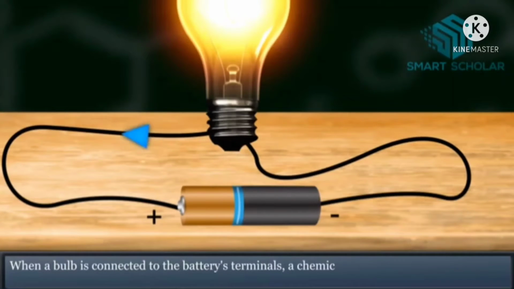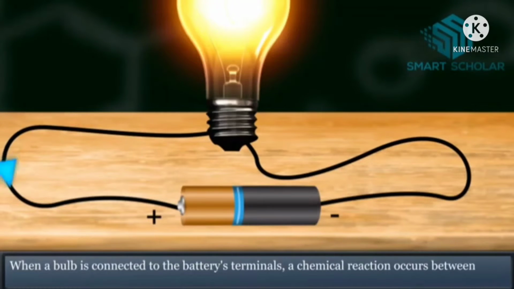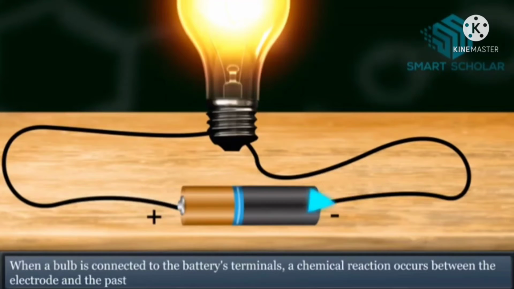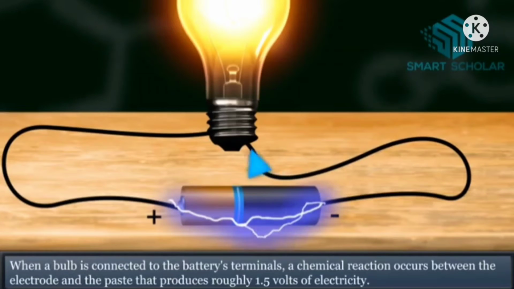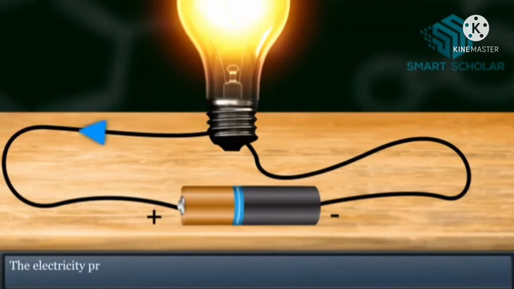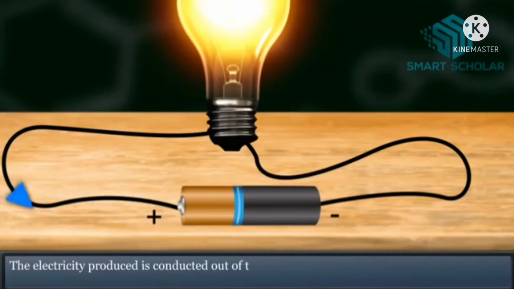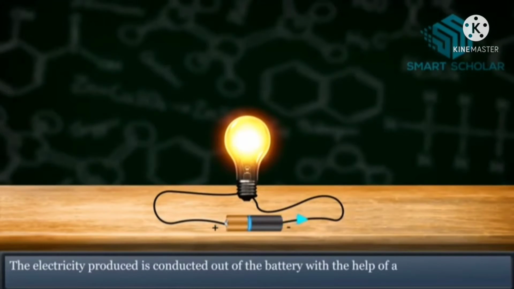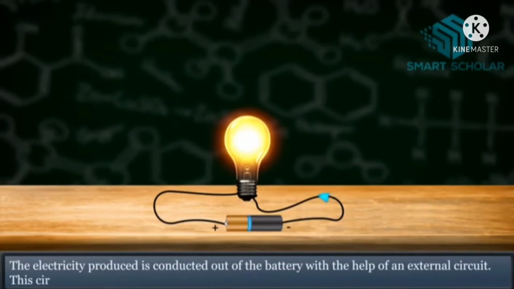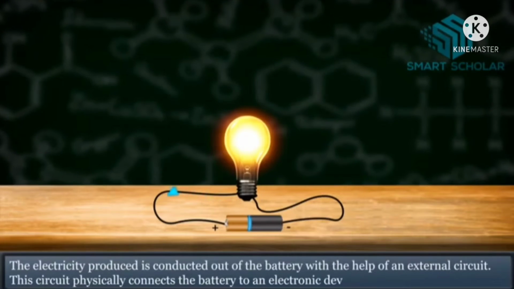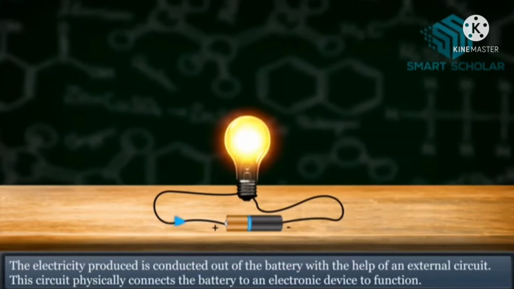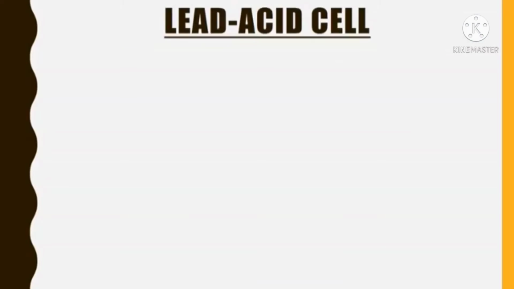When a bulb is connected to the battery's terminals, a chemical reaction occurs between the electrode and the paste that produces roughly 1.5 volt. The electricity produced is conducted out of the battery with the help of an external circuit. So this circuit physically connects the battery to an electronic device to function.